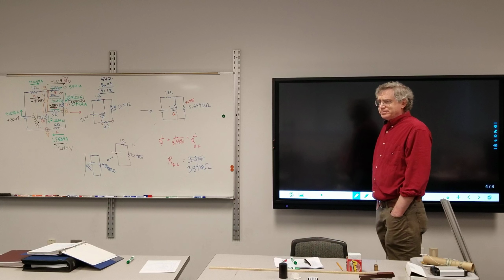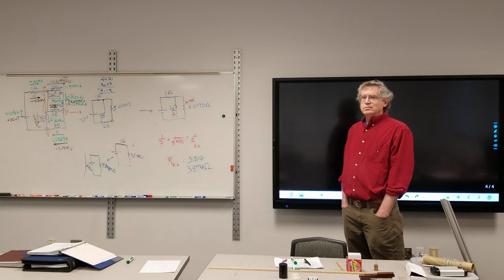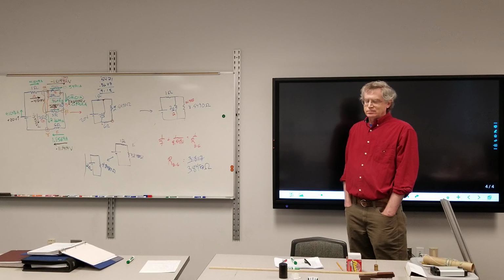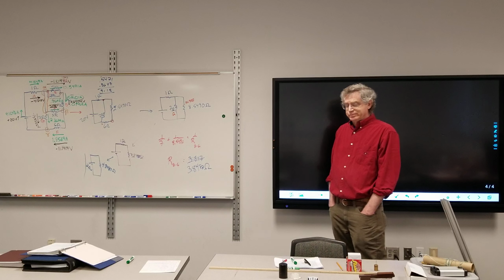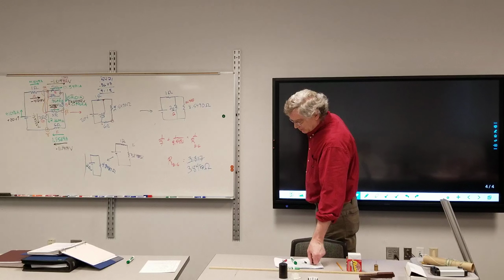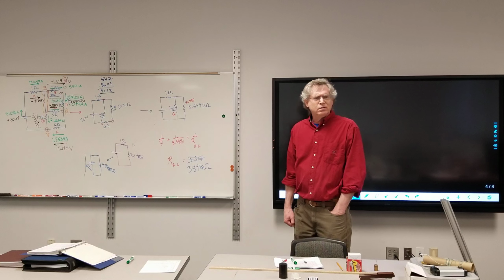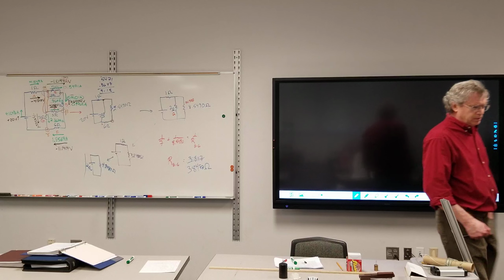I think we're ready. 3 batteries, 4 resistors. And a problem similar to the last question on test 1B. We had one set up, but we never finished it. Oh, we started it? Yeah, we had it set up.